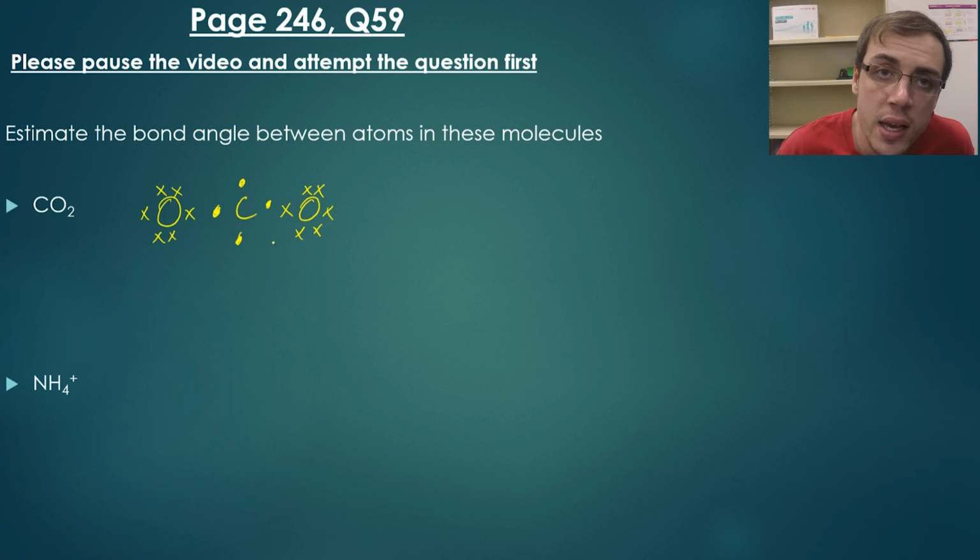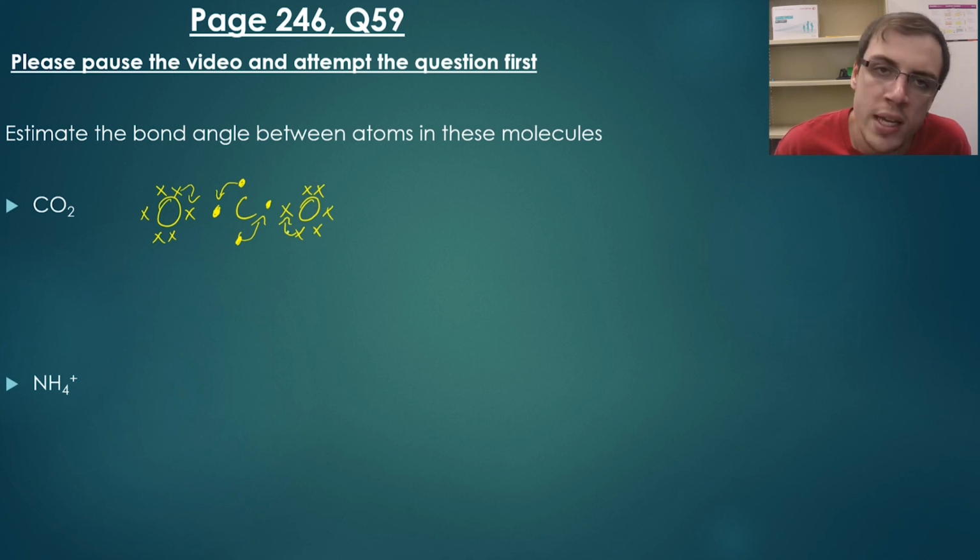Now we check to see if they all have 8. So 2, 4, 6, 7. 2, 4, 6, 7. And 4, 5, 6. So all of them are not stable. So what's going to happen is that this electron's going to drop down, and this electron's going to come up, and this one's going to come up here.